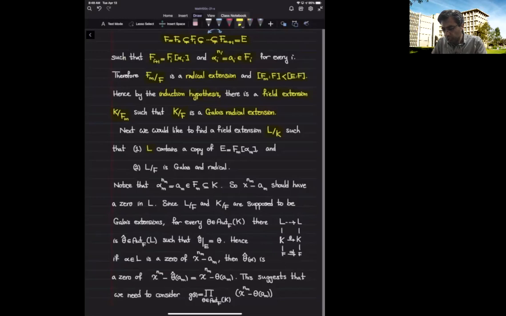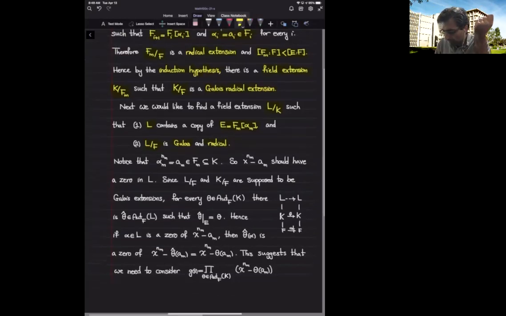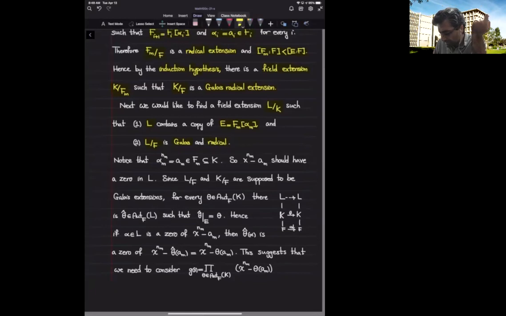First of all, it should contain a copy of E. It should be a field extension of E. Second, it should be Galois and radical. If it contains a copy of F sub m, that means that x to the power n sub m minus a sub m should have at least one zero inside L. But we don't know which one of the zeros should be inside L. The only thing that we know is that alpha sub m is one of the zeros.